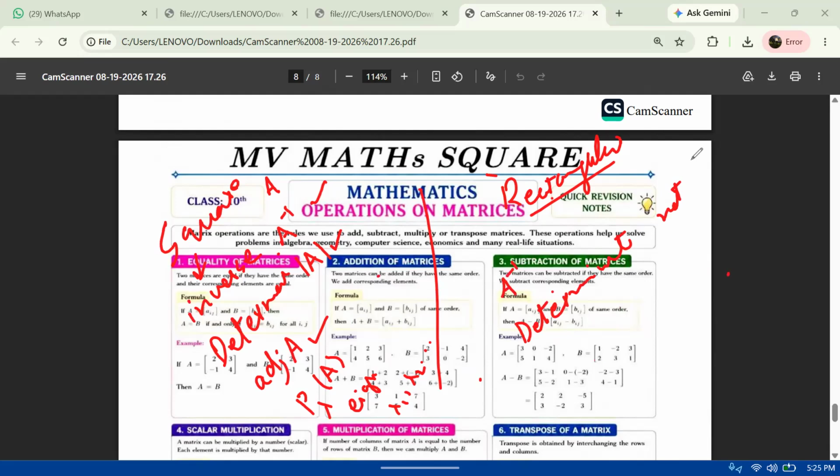If determinant and adjoint are not possible, then we can say that its inverse is not possible. And if its inverse is not possible, we cannot find the characteristic polynomial P lambda of A for this rectangular matrix. We cannot find the eigenvalues of a rectangular matrix. We cannot find the eigenvector of a rectangular matrix.